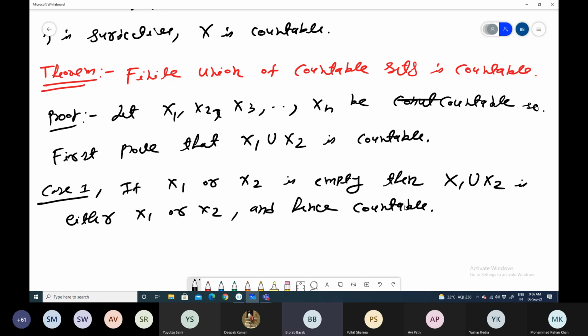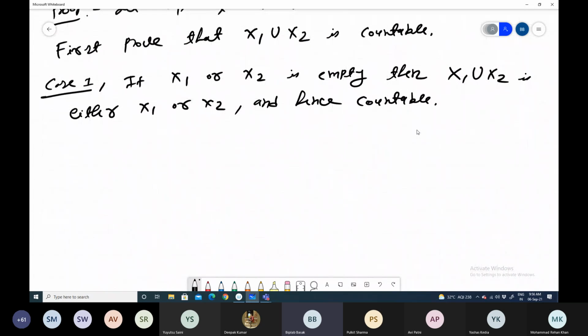Right, so there is nothing to prove in that case. Now since this case is trivial, assume both x1 and x2 are non-empty.